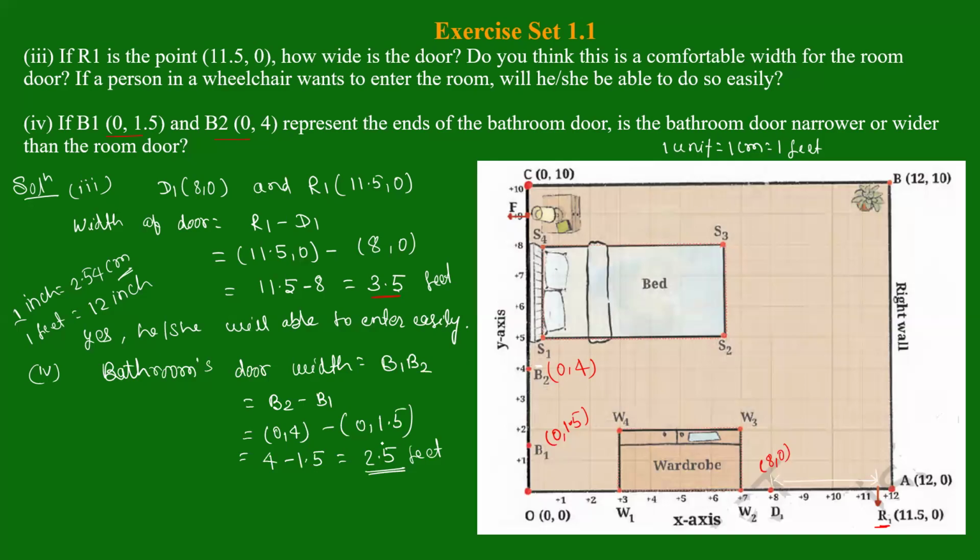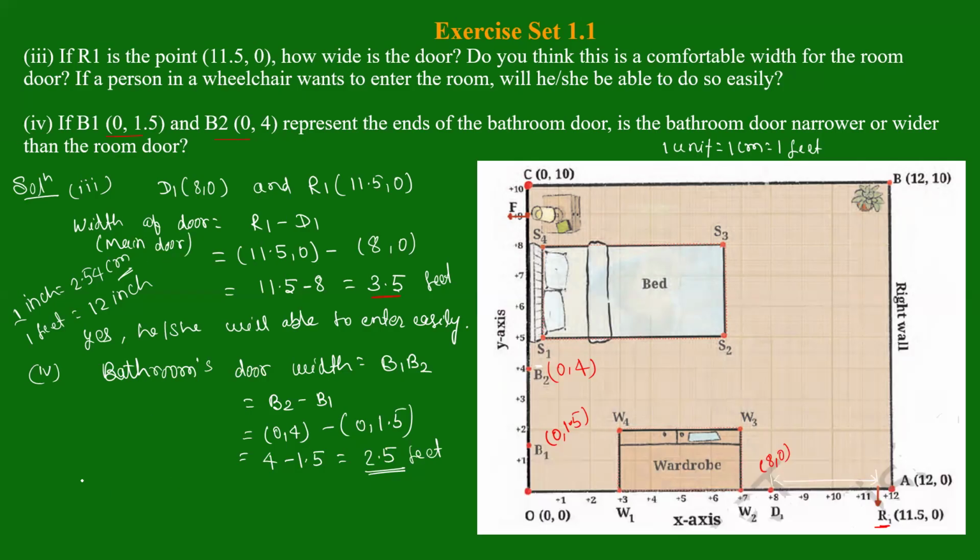So what are they asking here? The question is whether the bathroom door is narrower or wider. The bathroom door width you got is 2.5, and the main entrance door width is 3.5 feet.